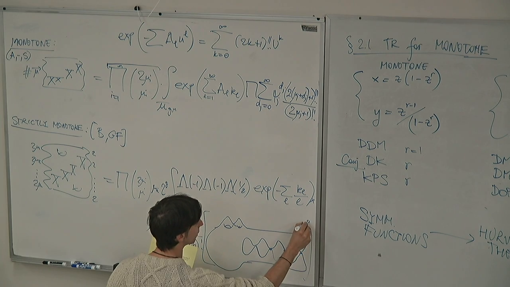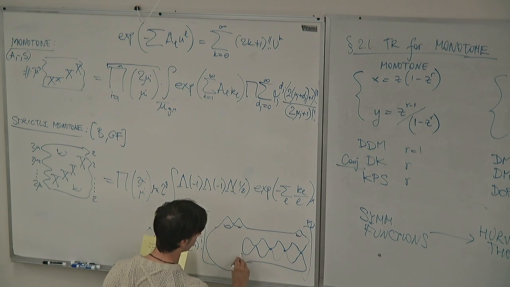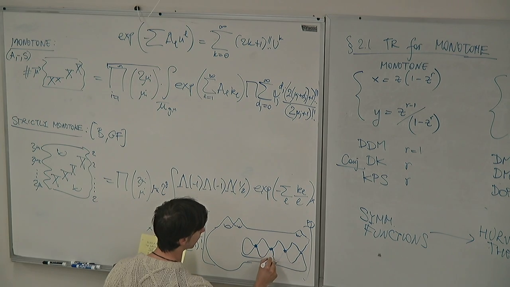So you have the Poincare dual of the following graph, where here you have 2 edge points which collide.